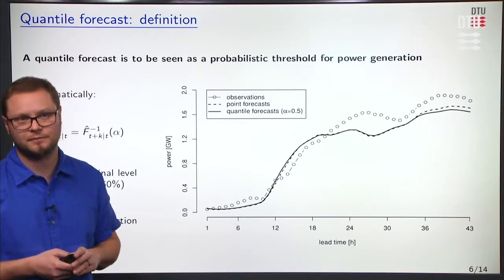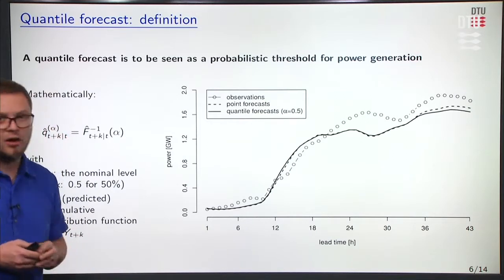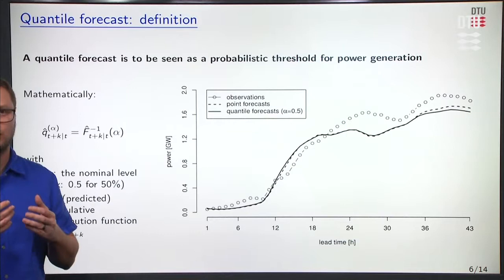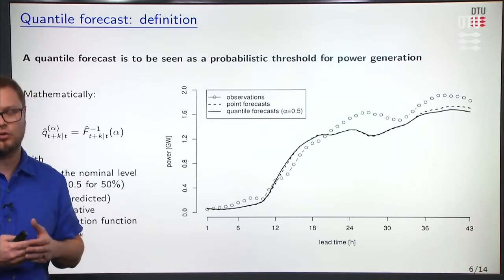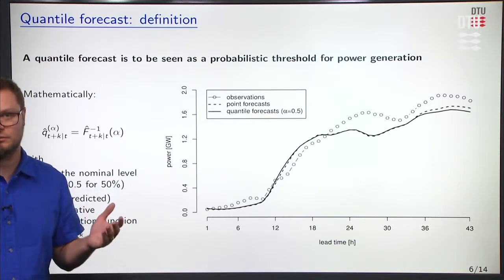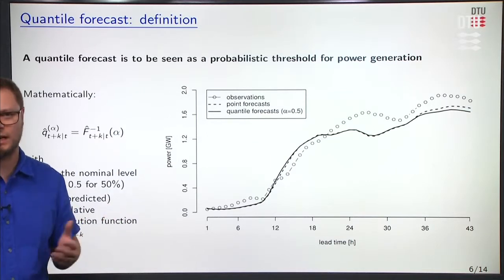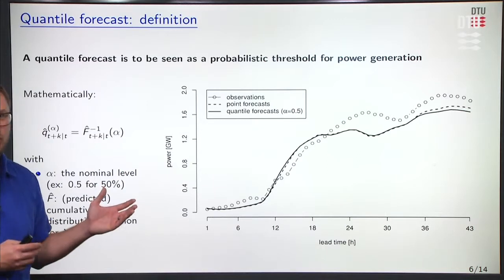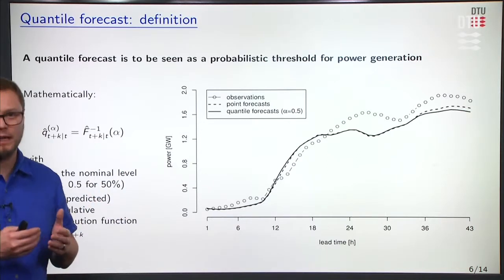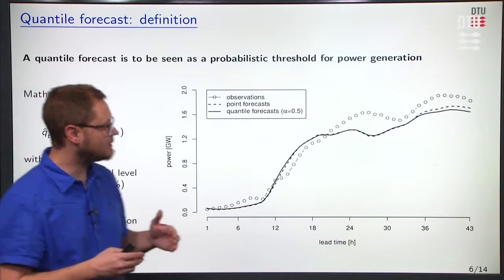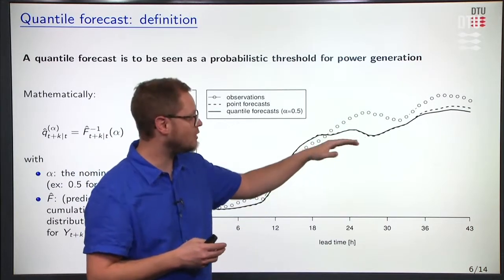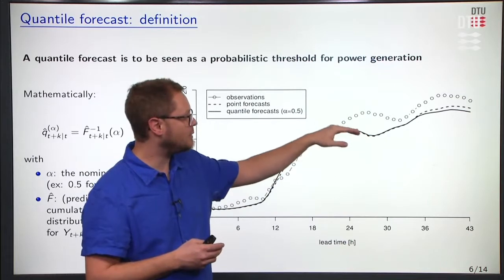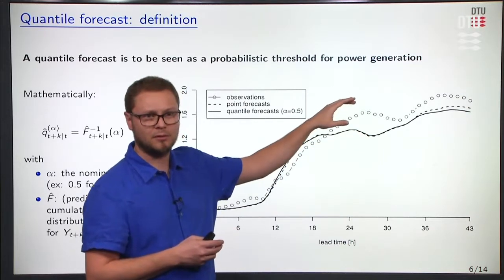Now let's try to think of what we said. The point forecast is a statement about what we believe could happen on average, so over the potential realizations of the random variable. Now we have a quantile forecast that's telling us that we believe there's a certain probability, here 0.5, that what we're going to observe in terms of power generation is going to be below, and 50% that it is going to be above.